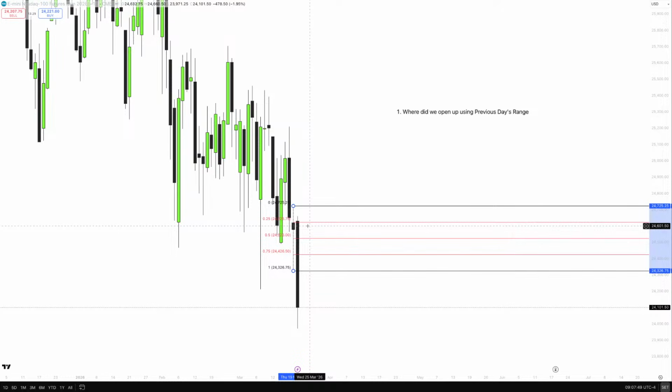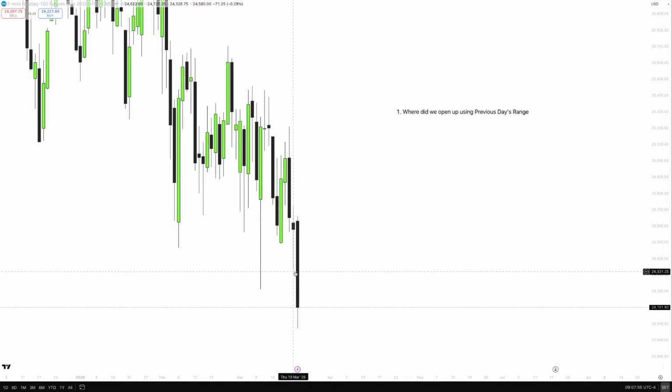Yes, we opened up in the upper quadrant of the previous day's range, but yesterday we already took out previous day's low before we opened up at 9:30. So this wouldn't be a significant factor for me anymore to look at.